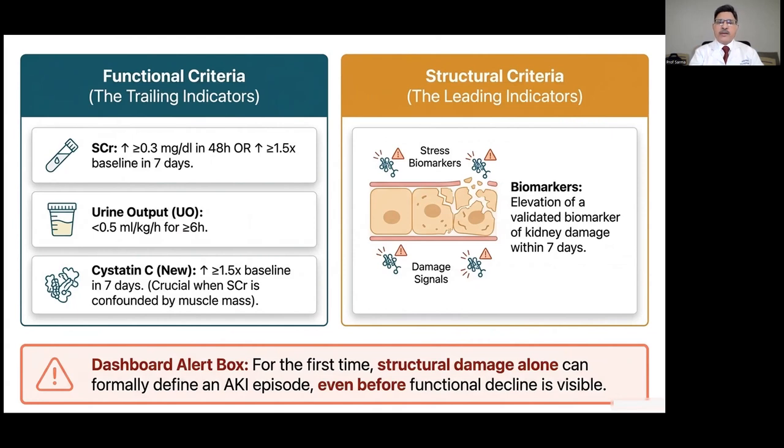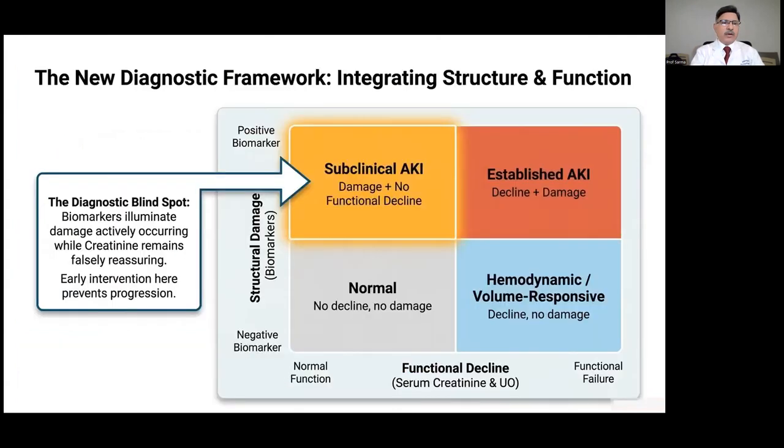Dashboard alert: for the first time, structural damage alone can formally define an AKI episode even before the functional decline is visible. What is that? Serum creatinine is normal, urine output is normal, structural damage biomarkers are positive, which means the patient is already in AKI.